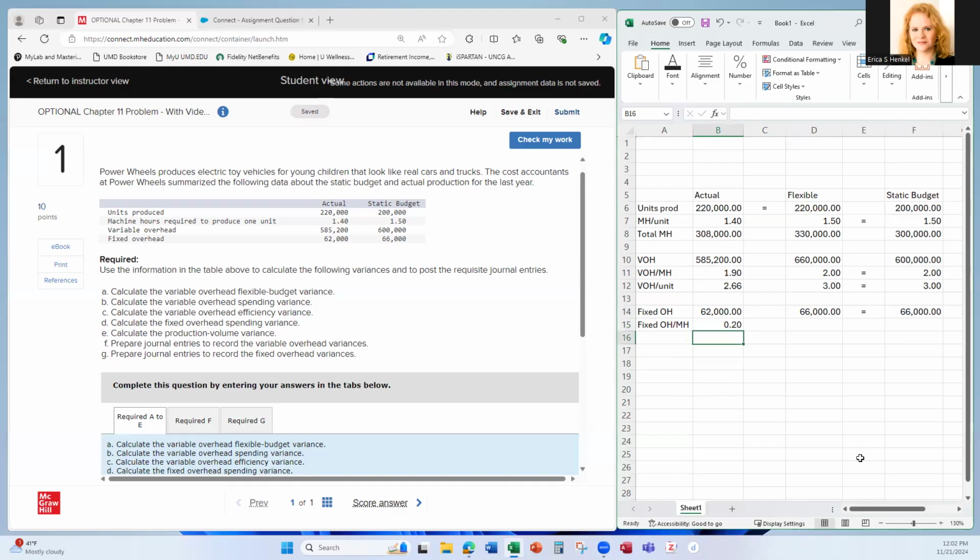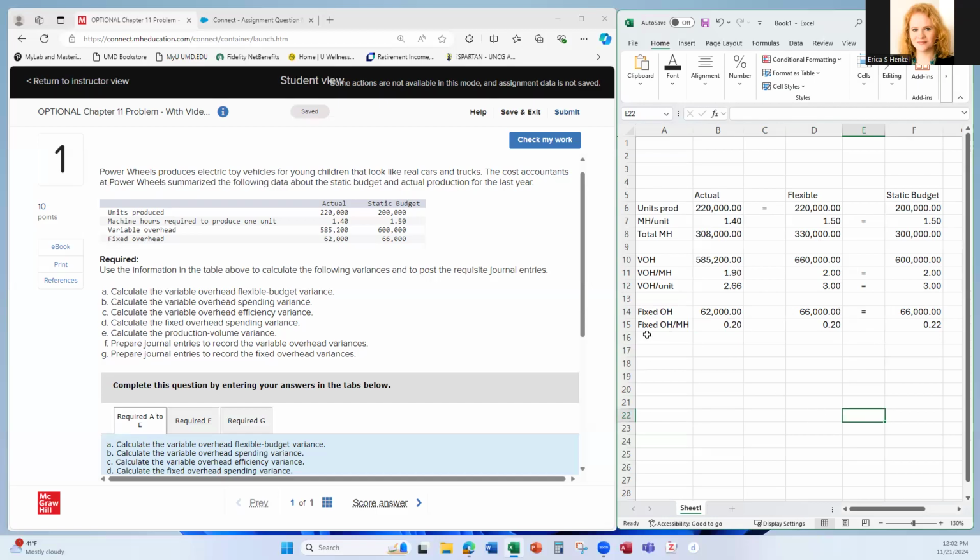That gets us 0.2. So across the board then, this one will change because we have the same amount, but we have different expected machine hours because of the different production levels, right? So this rate will not be equal, just the dollar amount will be equal.